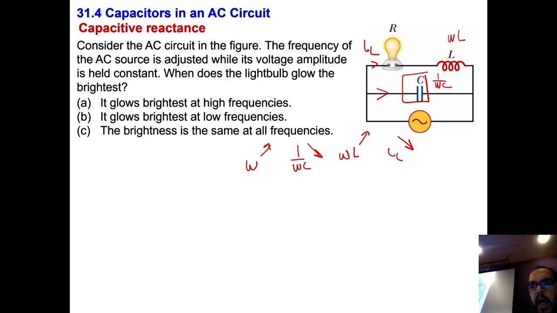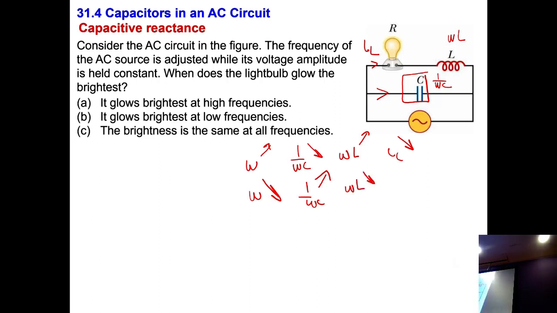Let's take the opposite. Let's say omega is low. When omega is low, 1 over omega C, the capacitive reactance, becomes high, while omega L is going to be low.